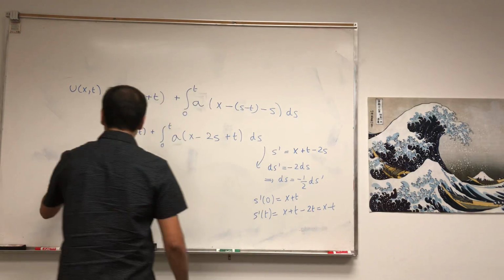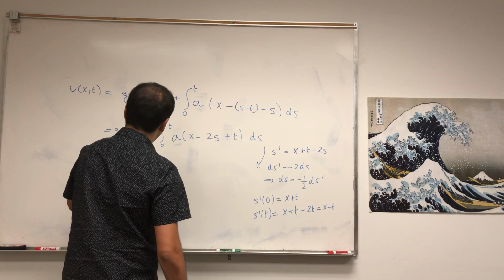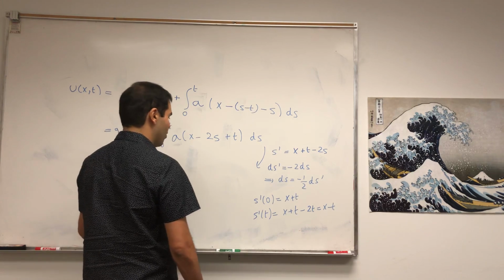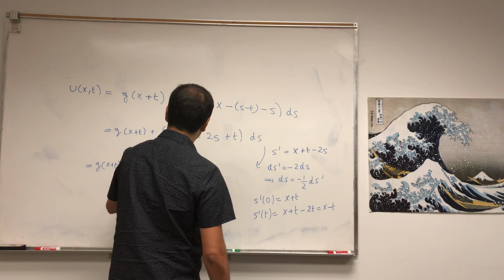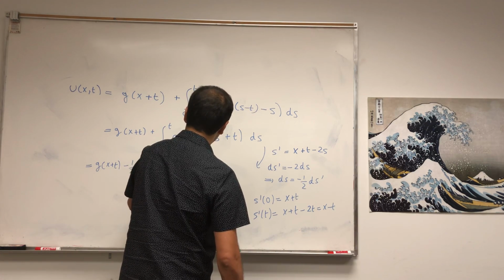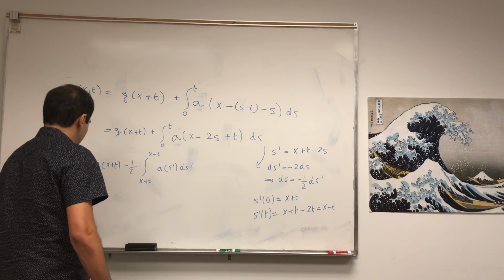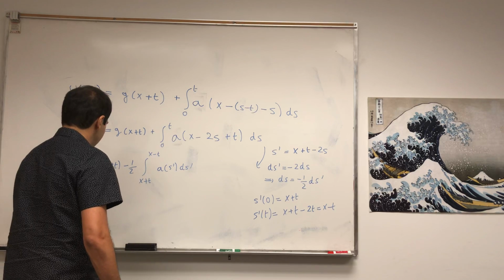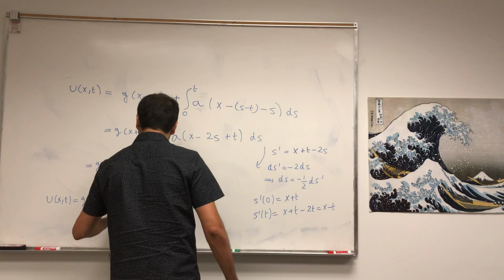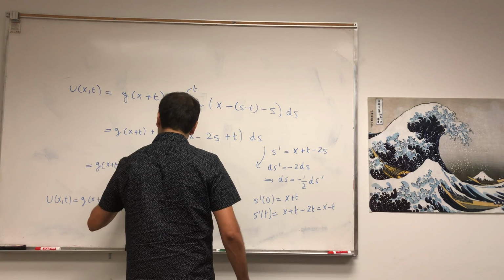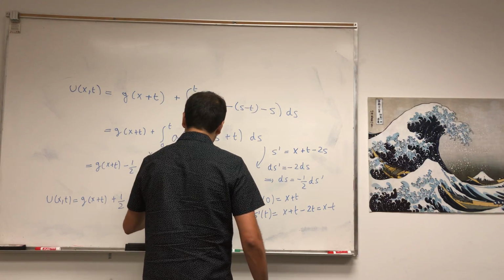And so we get something a bit neater. So g of x plus t minus 1/2 the integral from x plus t to x minus t of A of s prime ds prime. And so u of x,t is g of x plus t plus 1/2, and just reverse this, the integral from x minus t to x plus t of A of s, let's just call it s again.